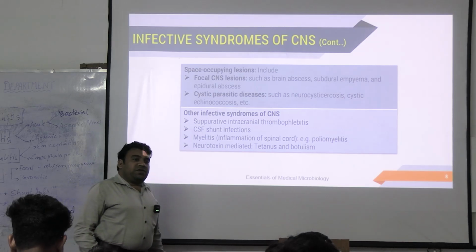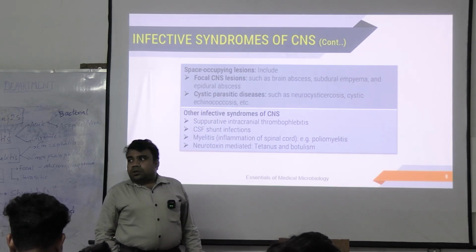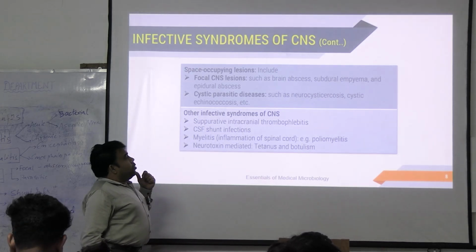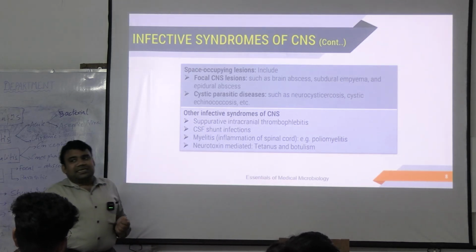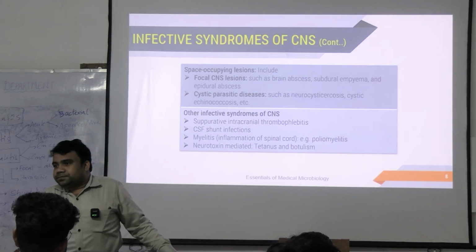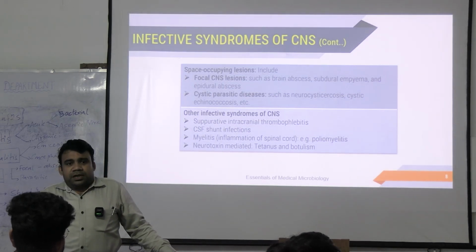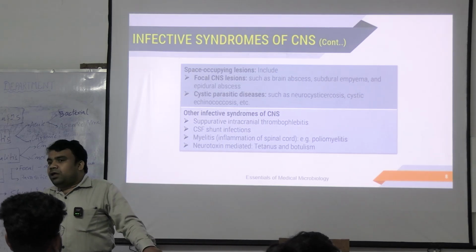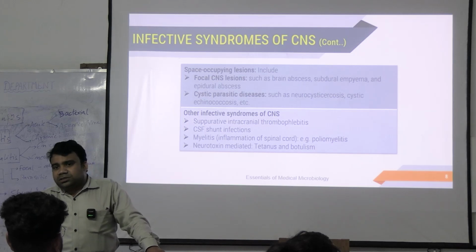Similarly, we can find, in the case of Cryptococcus, that it can cause a cryptococcoma, or we can find cystic parasitic diseases like neurocysticercosis. I think you have read about neurocysticercosis, where the cysticercus larva enters into the cerebral cortex.